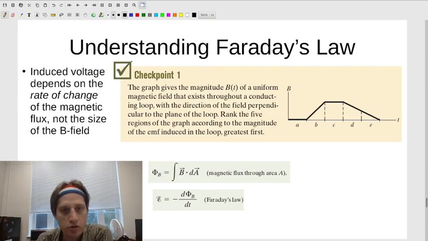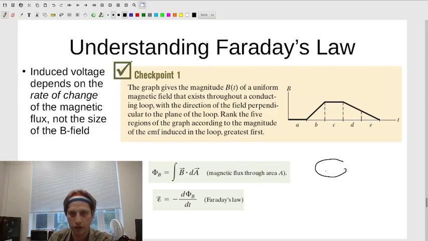So just to put a check on this, if you have an induced voltage, it depends on the rate of change of the magnetic field, not the size of the field. So here's a check. If we have a magnitude B of the uniform magnetic field that exists throughout a conducting loop with the direction of the field perpendicular to the plane of the loop.